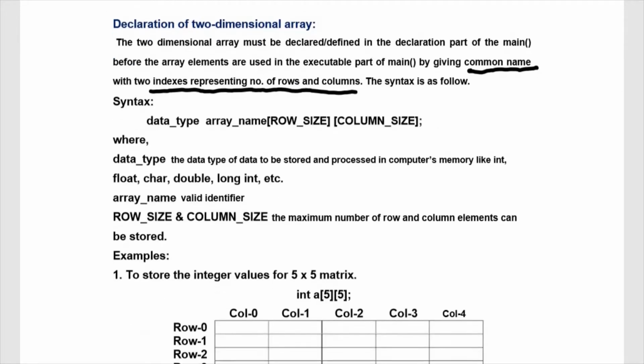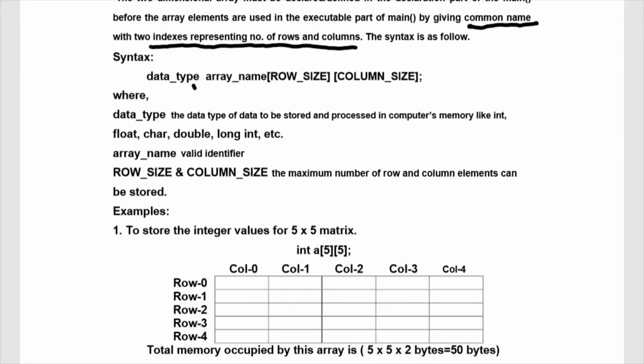So let's see the syntax. The syntax is what type of data I am going to store in the array, then the name of the array, then the size of the rows, and the size of the columns. So this is the syntax for declaration.